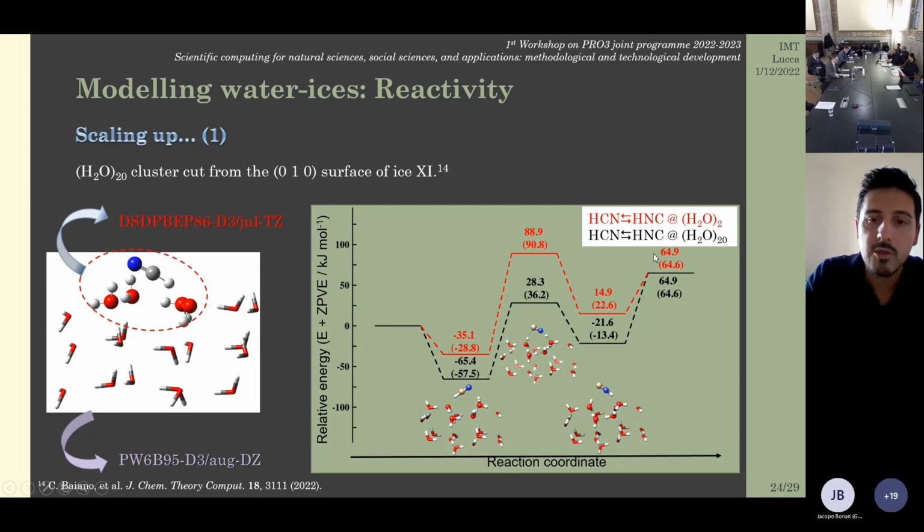And furthermore, these results show that in order to properly simulate reactivity on the ice surface, but on the surfaces in general, we need to consider an extended surface, and a simplified model is not enough to guarantee correct results.